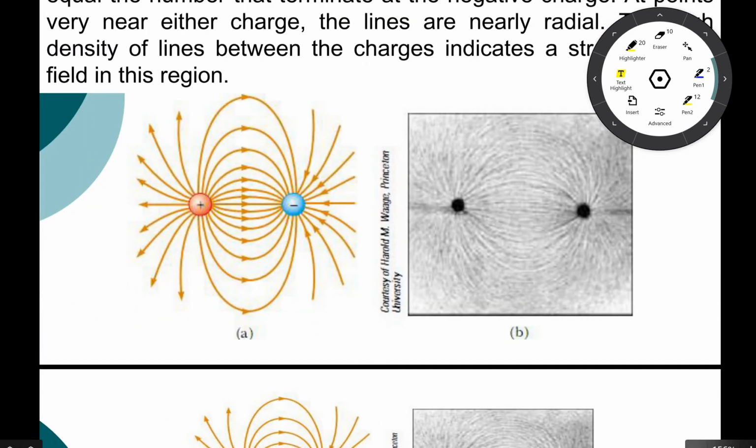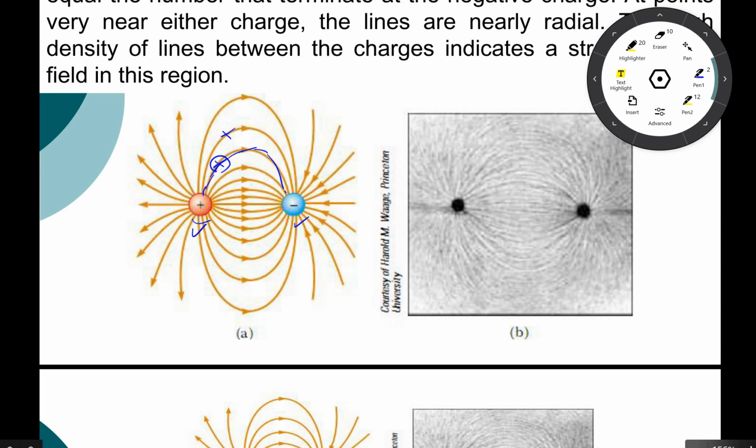If we study the electric flux lines between positive and negative charges, and I put a test charge here, the test charge will be repelled by the positive charge, but at the same time it will be attracted by the negative charge, so this test charge will move in this direction.